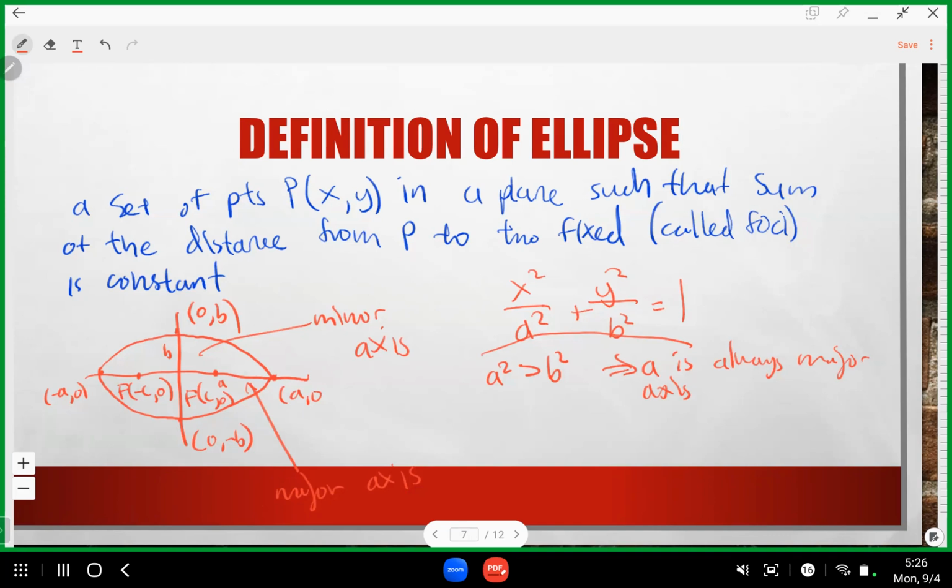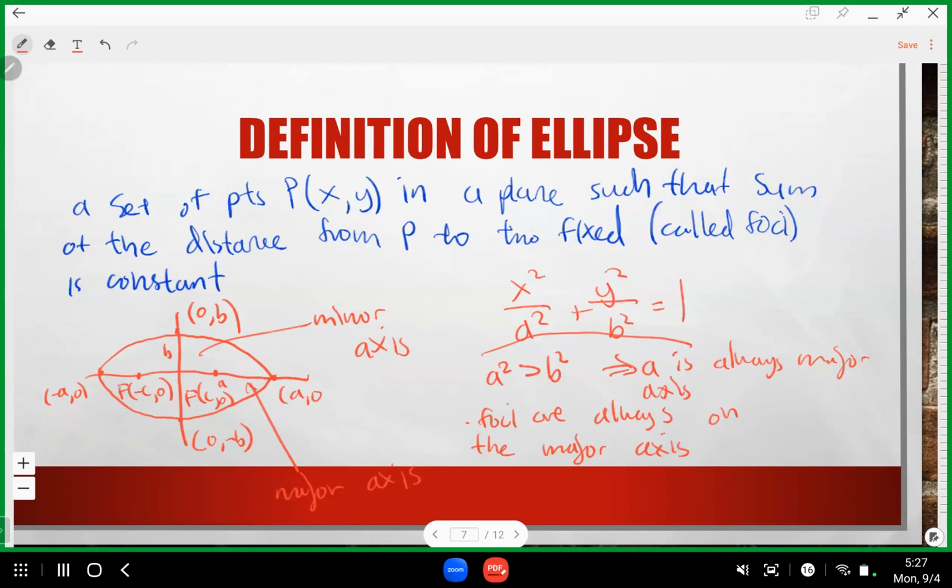If a is the denominator for y squared, then the major axis is going to be vertical, because a is always bigger. Therefore, whichever number it's under is going to affect the orientation of the major axis. And the foci are always on the major axis. Right?